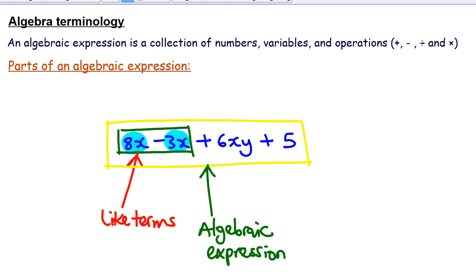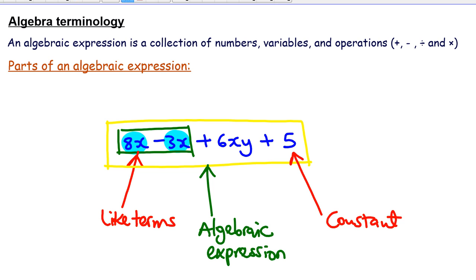Another thing I want to point out is this one here, by itself. We call it a constant. A constant is a number that stands alone without a variable in an expression, like here, 5. It's just by itself.